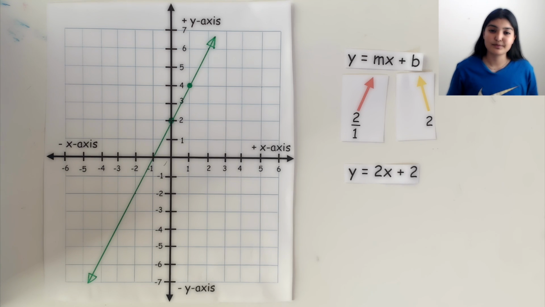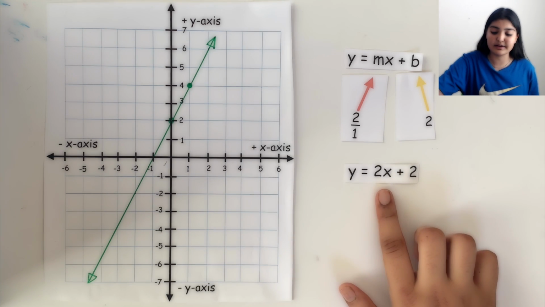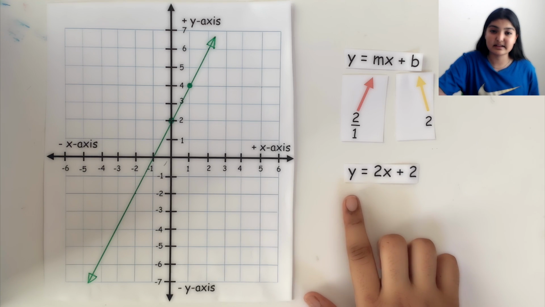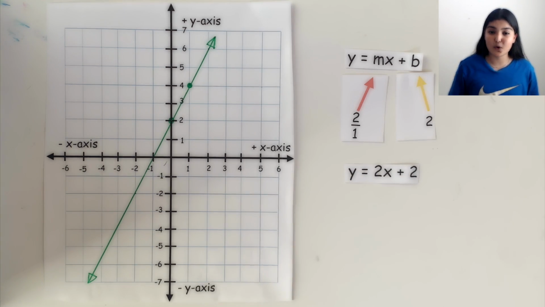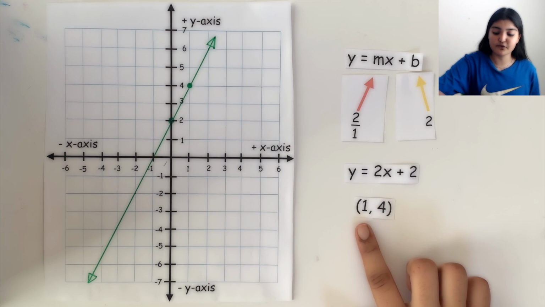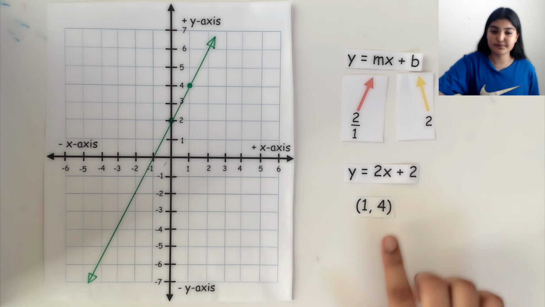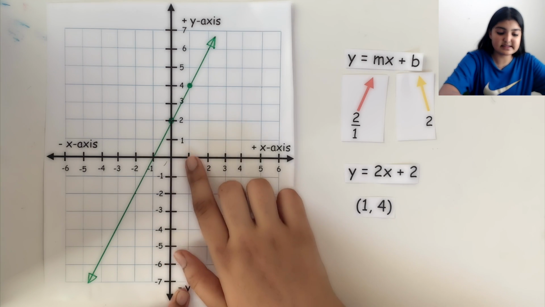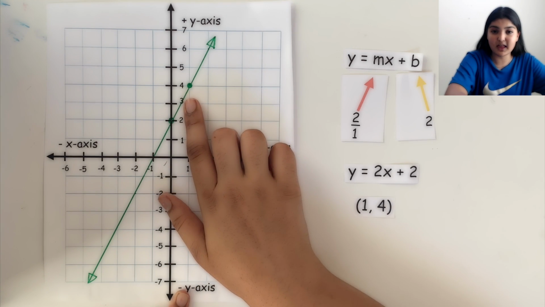For example, if I put 1 for X, I get the Y value of 4, or an ordered pair of (1, 4), which, as you can see, is on the line.